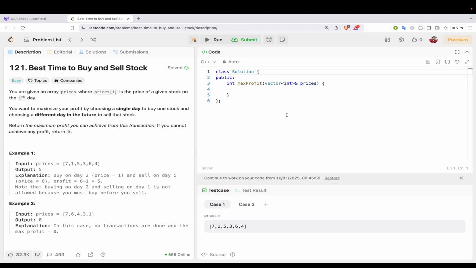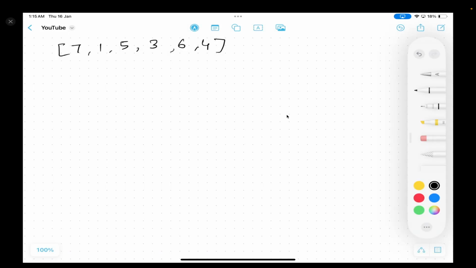Okay, so let me share my whiteboard, and there we will discuss how we can solve this problem. Let me share my iPad. So let's say this is days, and this is the price of stocks.